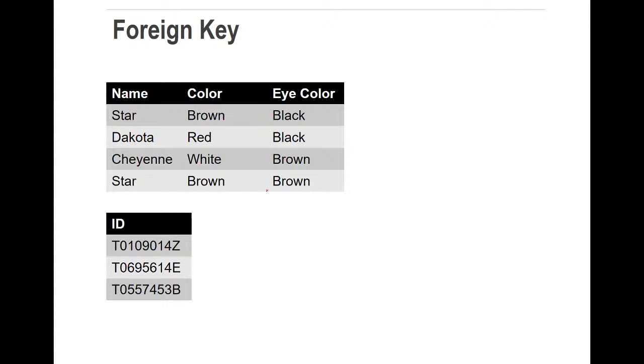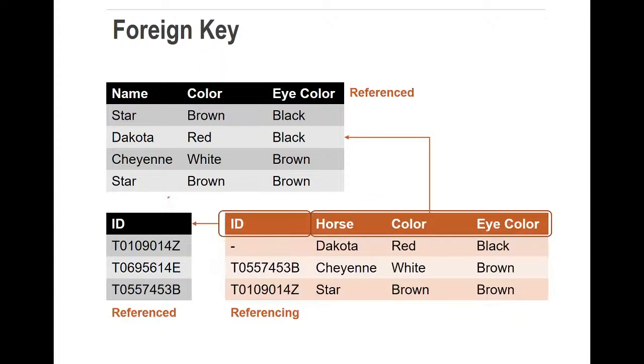Let's try to form a relation between these two tables. Let us simplify a horse into just the name, color, and eye color. This is a person, what we call an owner of the horse. This is another table that relates a particular person and a particular horse.